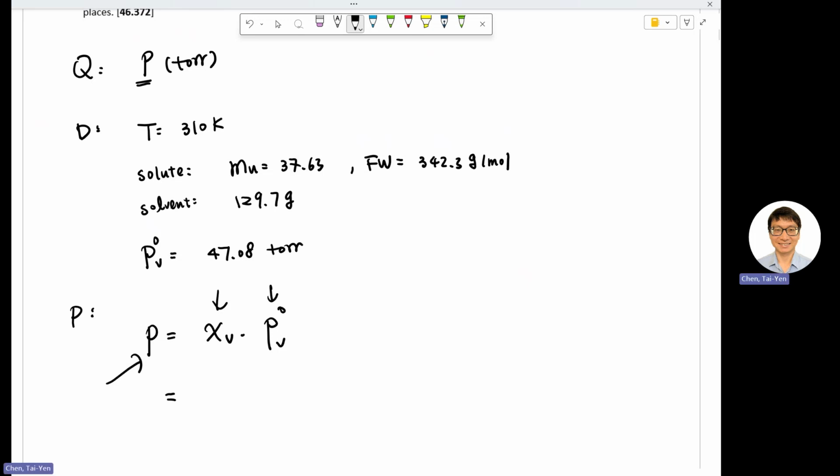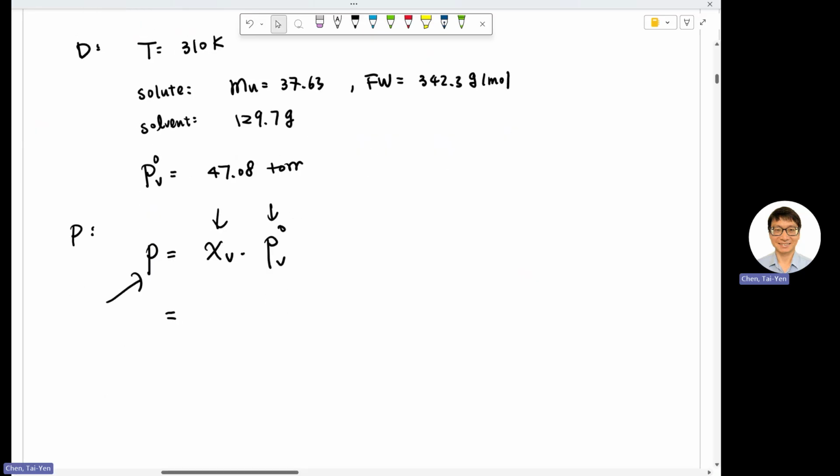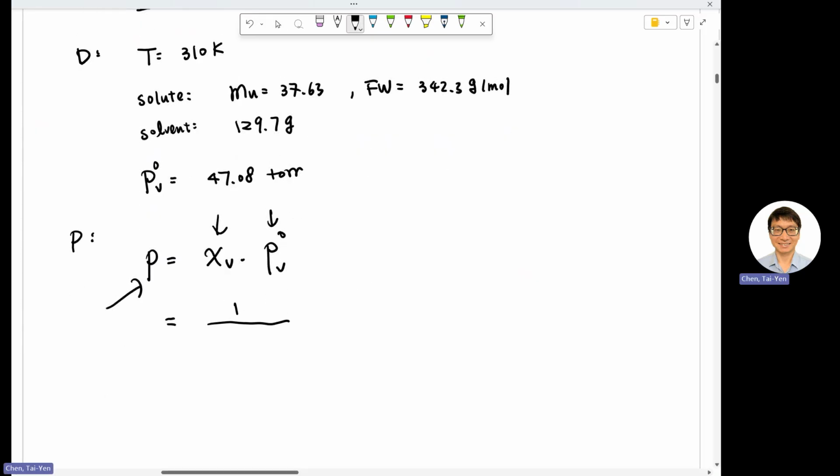You don't have that from the question itself, but we know the definition: the moles of solvent divided by the sum of moles of solvent and solute. Do you have the vapor pressure of pure solvent? It was given, so you know that's 47.08.